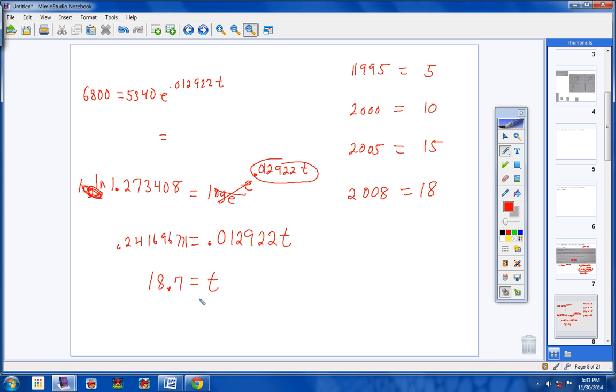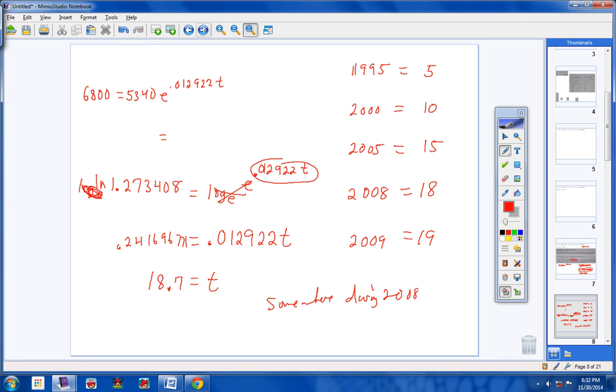Now it's 18.7, so it's not quite to 19, which is 2009. So the answer is somewhere during 2008, okay, is when the population will hit 6.8 billion. Okay? Alright, that's it, guys.